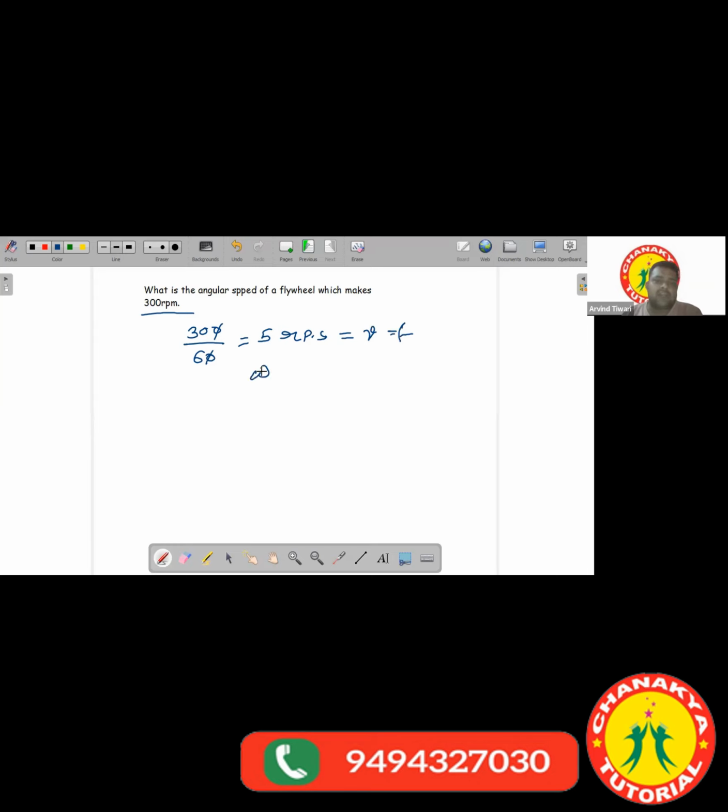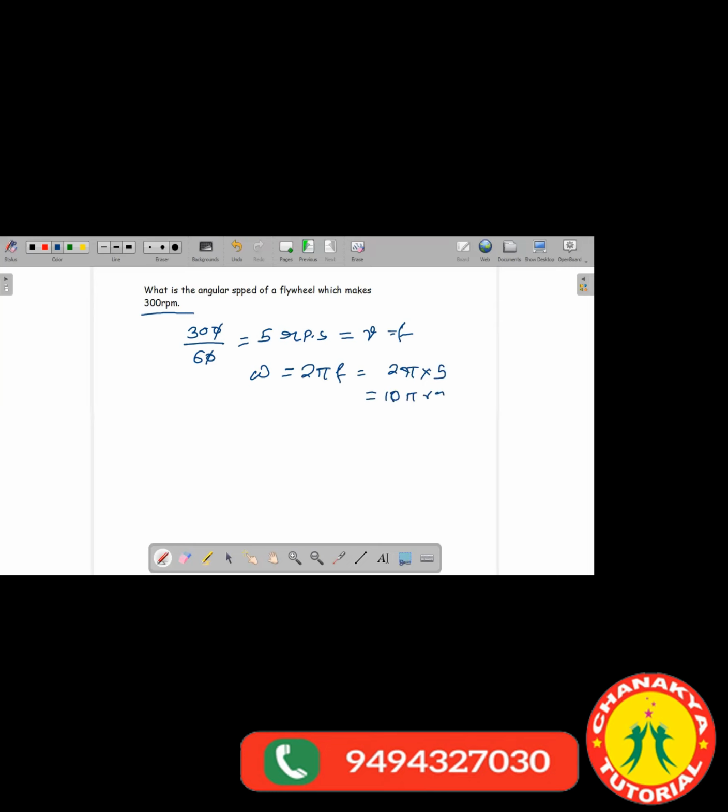Now we can find the angular velocity omega by the formula 2 pi f. So you get 2 multiplied by pi multiplied by f, which is 5. So you get 10 pi radian per second. So anyone who obtained this answer as 10 pi radian per second? Yes, sir. Okay, Jaswant, what about you?